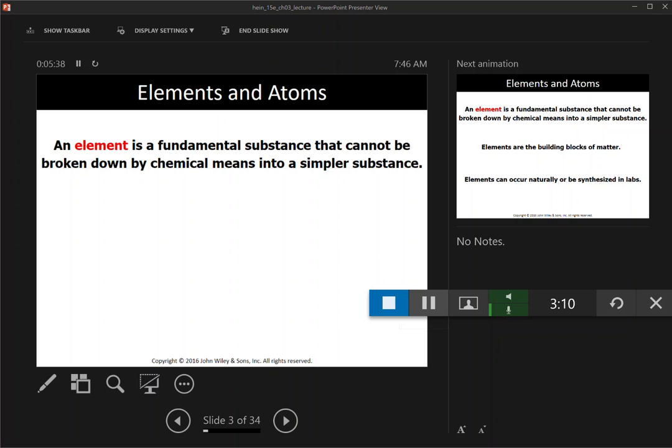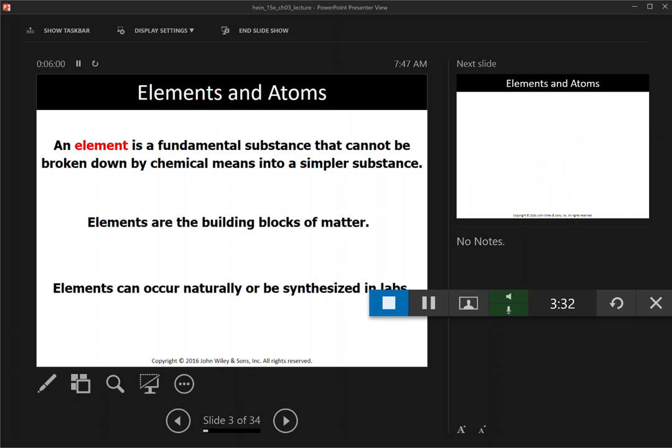So some elements exist naturally, but there are elements that we can actually synthesize. The reason we can synthesize them is because we know exactly what structure they should have, how many subatomic particles, and what type of subatomic particles, so they can be synthesized.